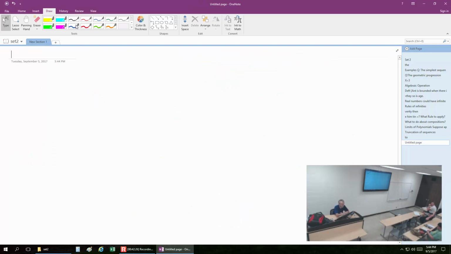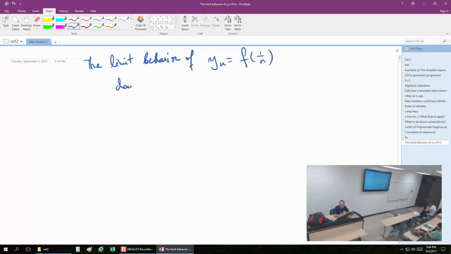Let me state this again. The limit behavior of y_n equal to f of x_n, let's take 1 over n, does or does not match the value of the function at 0.